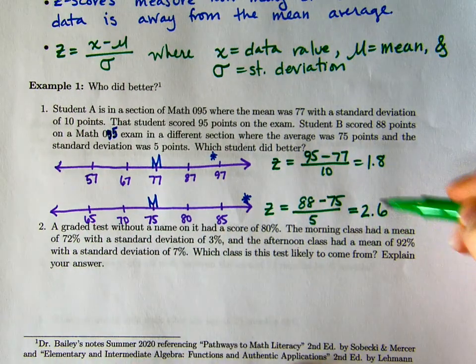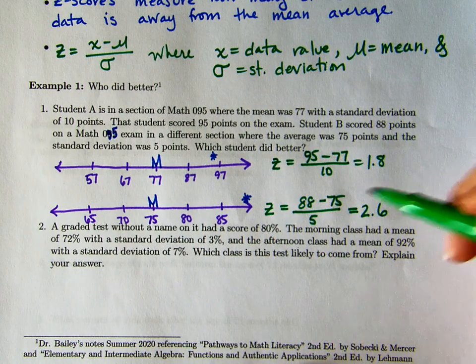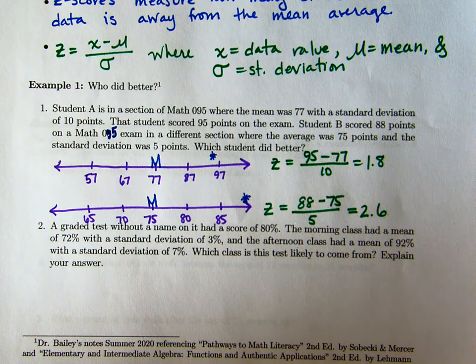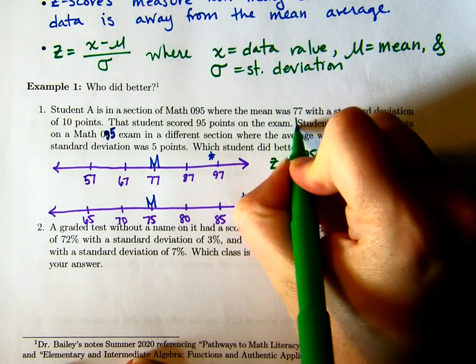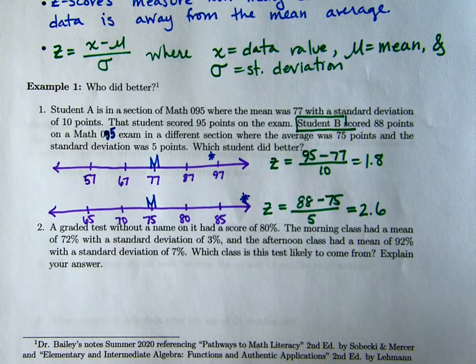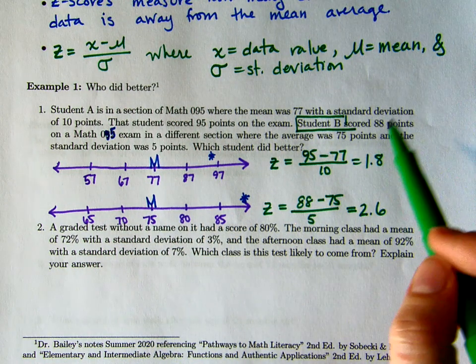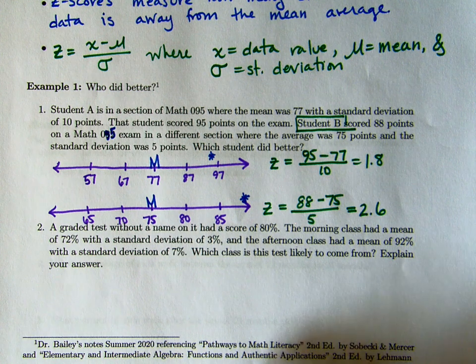They were a whole 2.6 standard deviations above the mean. They're way further above the mean in terms of this class than the other student. So, who did better? Student B. Relatively. So, a little bit of a harder test, and they scored a little bit relatively better on it.